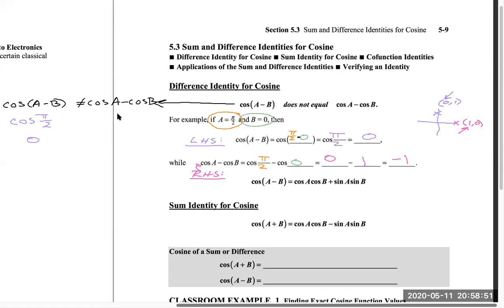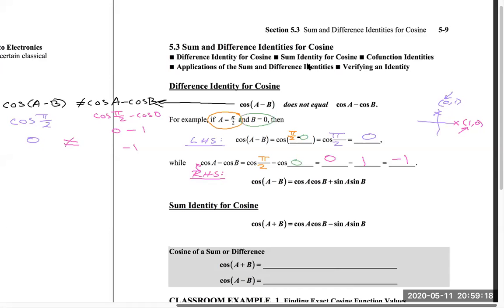So what we found is on the right side, this would be cosine pi over 2 minus cosine of 0, which is 0 minus 1, -1. We see that 0 is not equal to -1, so we've shown that cosine of A minus B is not equivalent to cosine of A minus cosine of B. In every case, it's not an identity, okay?